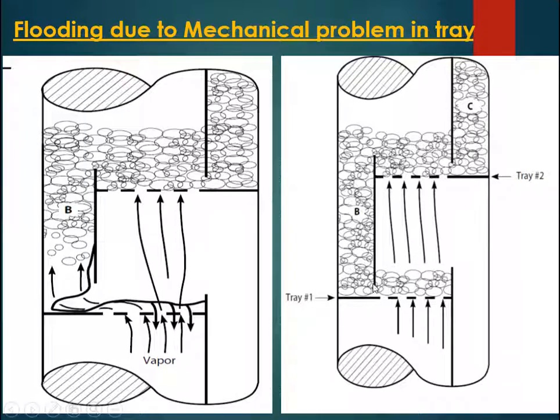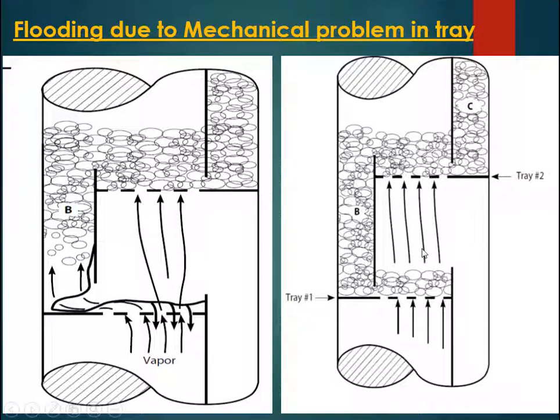If downcomer clearance goes very small, the velocity of the liquid exiting from this downcomer goes very high, and because of that exit loss increases. When exit loss increases, we have already seen in the last part that it may lead to a high liquid level inside the downcomer, and because of that, if downcomer clearance remains very small, it may lead to downcomer backup flooding.